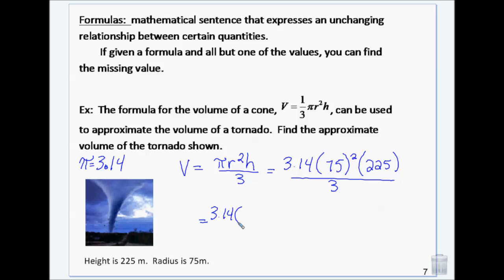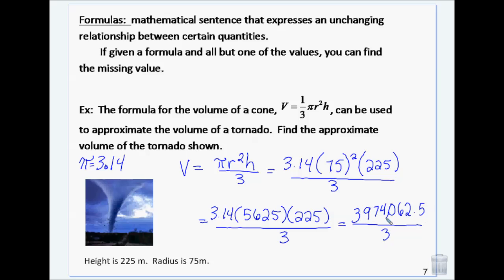Don't have it memorized. Okay, so 75 squared is 5,625. And if I multiply all of this together, I get 3,974,062.5.